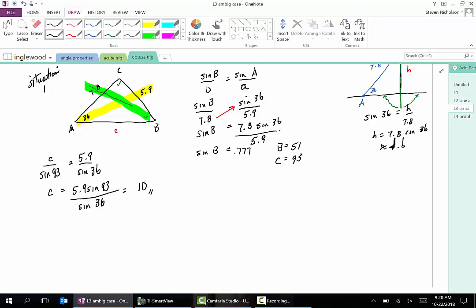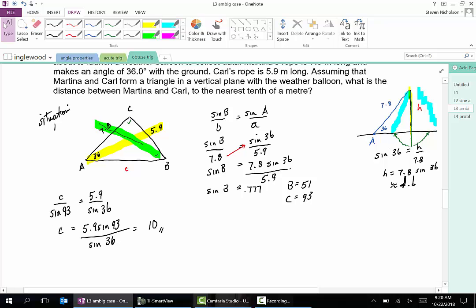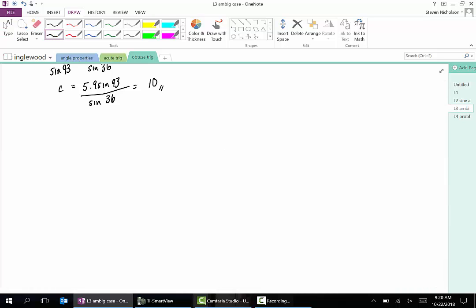So there's our first situation where we swung the 5.9 over this way. Well, the other situation is swinging the 5.9 on this side. So that's what we're going to do now. We're going to do situation number 2, triangle number 2.